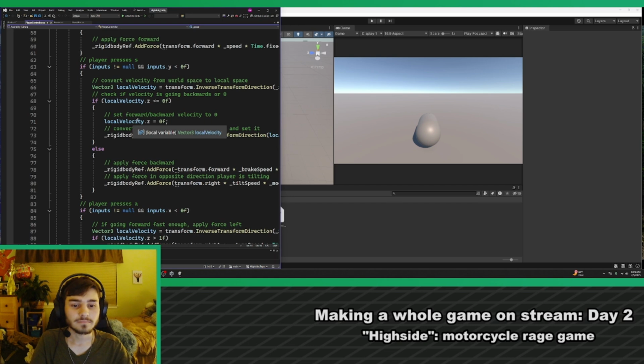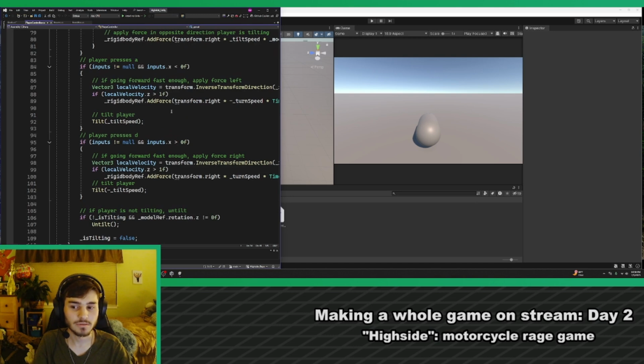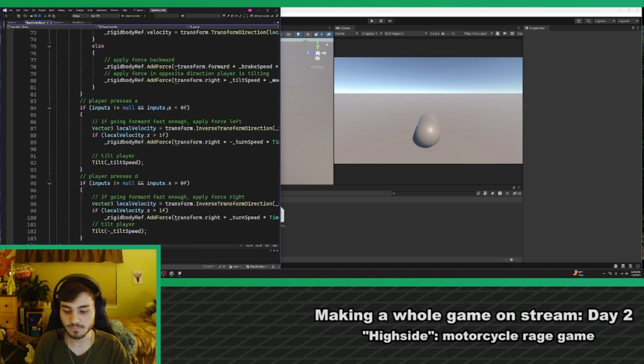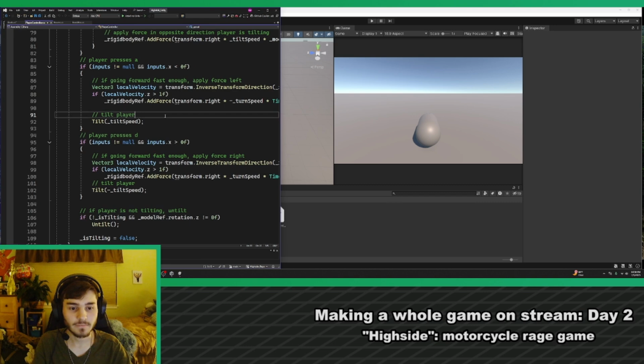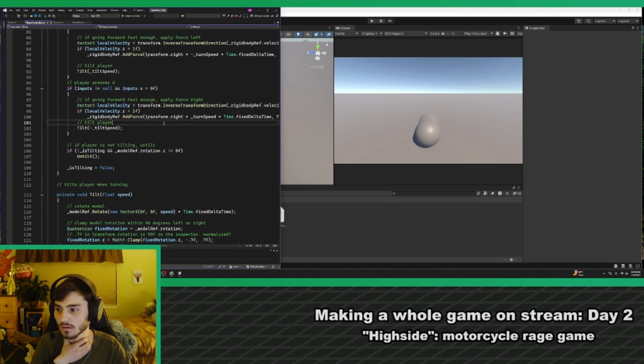Then, if local velocity dot z is less than 0, we're going backwards. Raise 0. We set that velocity to 0. Let's apply force backwards. I need to zoom out a little to see things more.